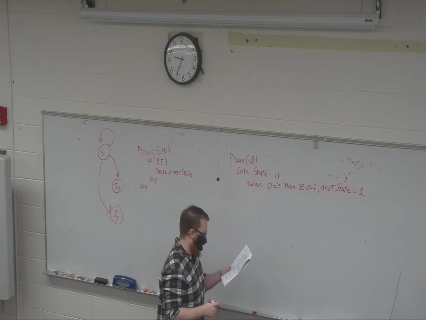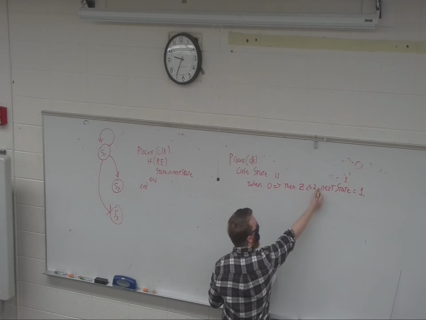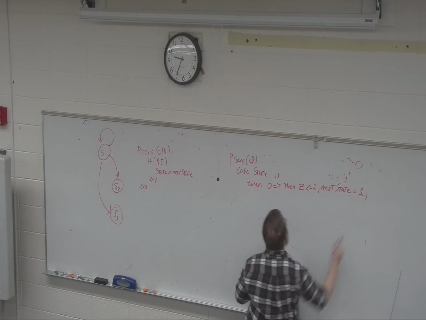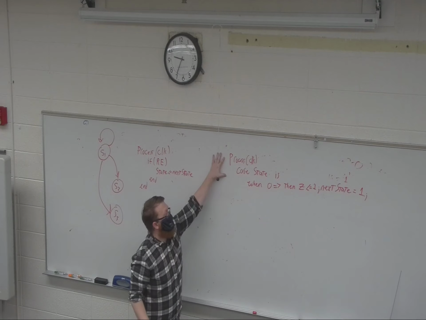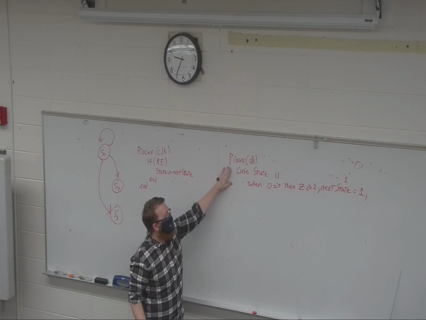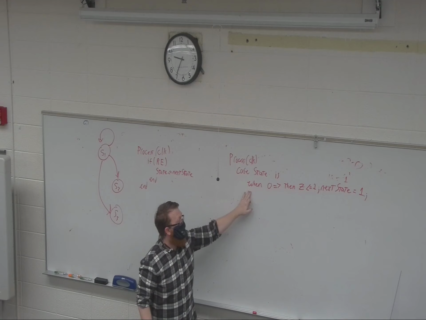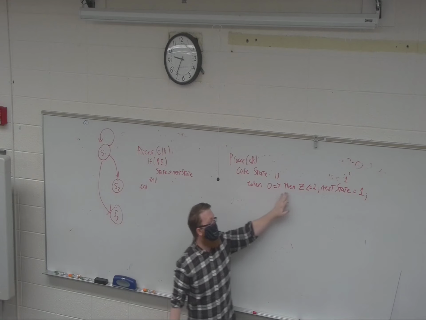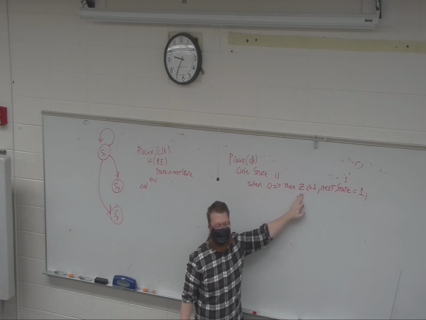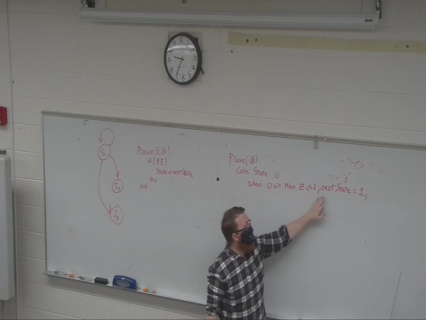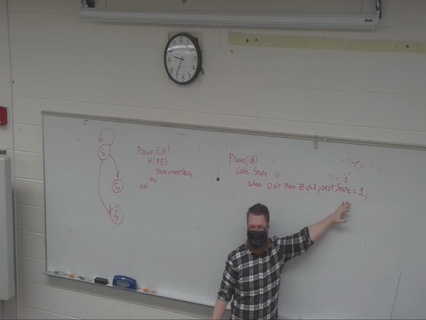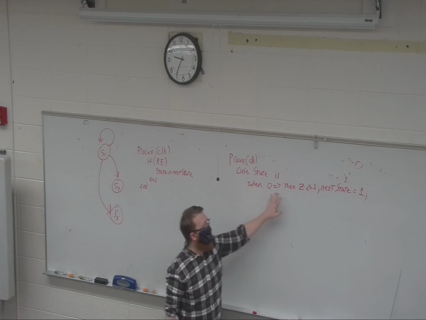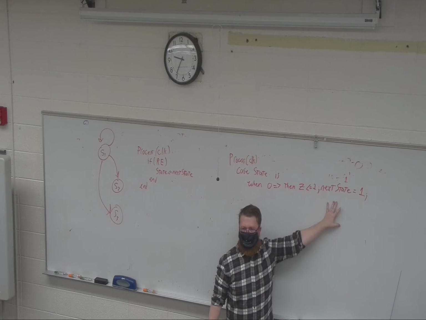Sorry, this should be so. So I'm going to have another process. I'm going to case on state is when I'm in state 0, then my z, my output, is 1, and my next state is going to be 1. So this is saying at case 0, always step to the next state, right?